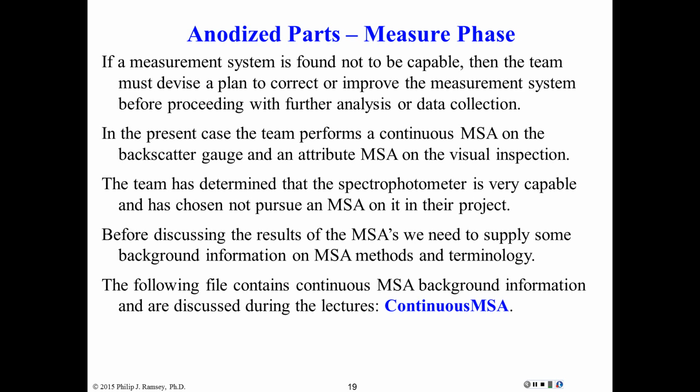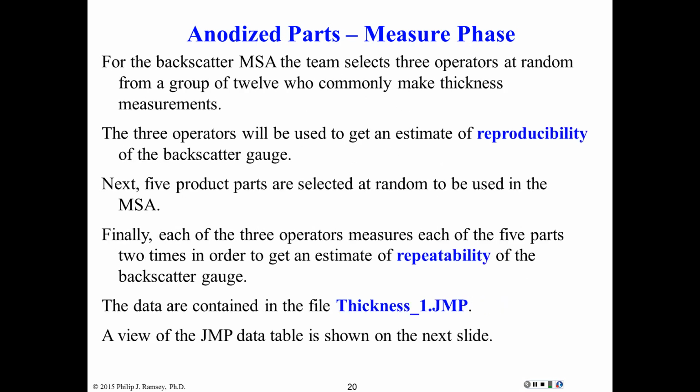Before showing the results of these studies, we'll cover some notes where we'll talk about methods and terminology used in continuous MSA, and then later we'll talk about them with respect to attribute MSA.